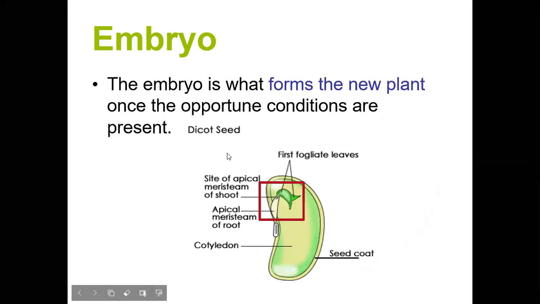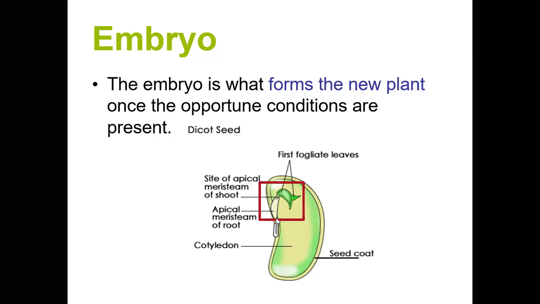Look here. The embryo is inside the seed. The embryo has two parts. One part will develop the leafy structure, the shoot system, after germination. That is the plumule, and from the lower part roots will develop.